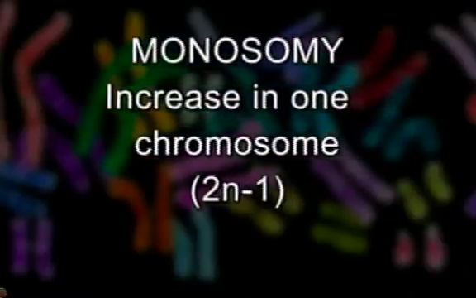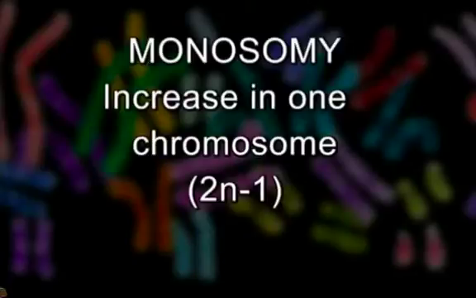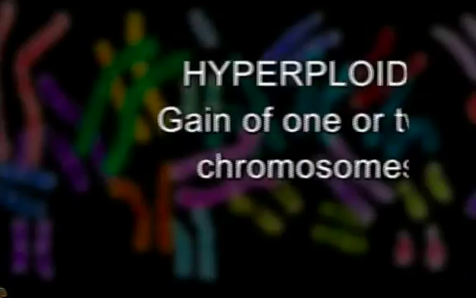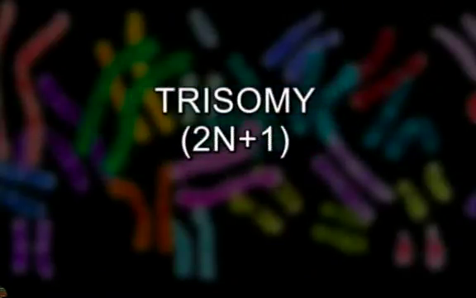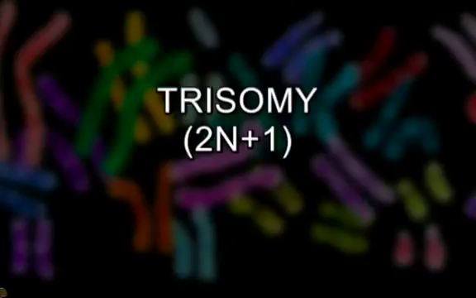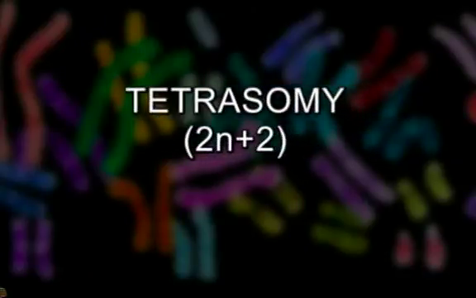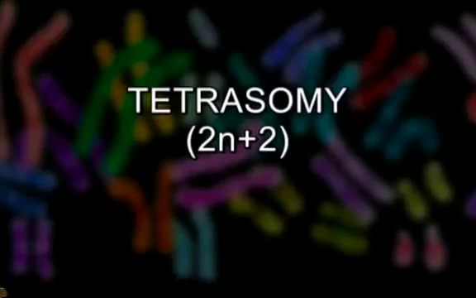Hypoploidy is further of two types: the monosomy condition, where there is a loss of one chromosome and the condition is designated by 2n-1, and hyperploidy, where there is an increase of one or a few chromosomes, for example trisomy and tetrasomy. In case of trisomy, the 2n+1 condition is there, that means one chromosome is extra, whereas in case of tetrasomy, the 2n+2 condition is there, that is two chromosomes are extra.